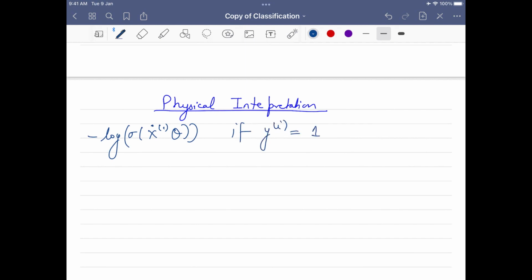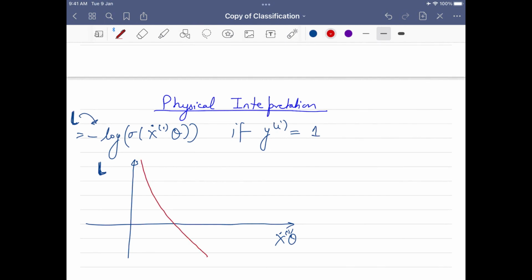If you try to plot the curve for this, because this is basically a loss function, right? If you plot this loss function L with xi theta here, you will get a curve which looks like this.